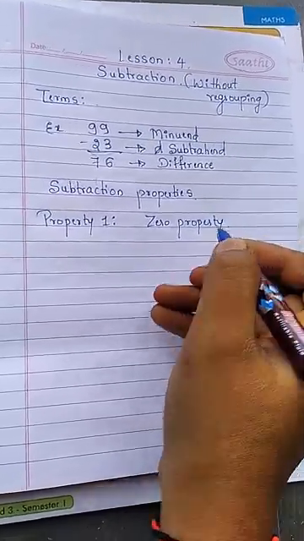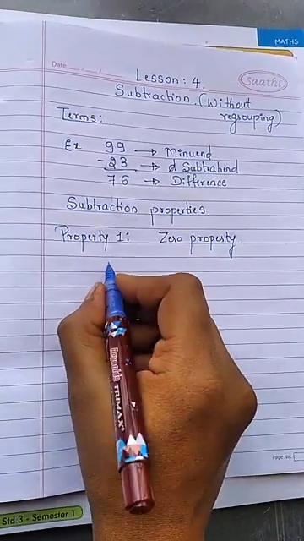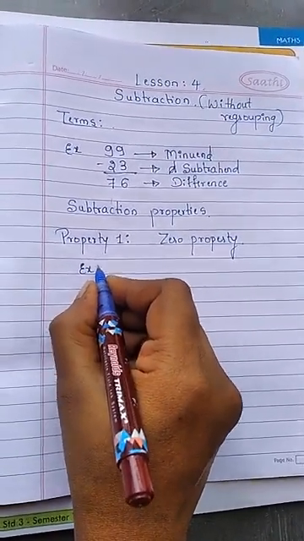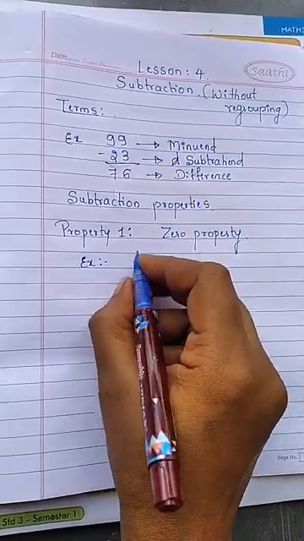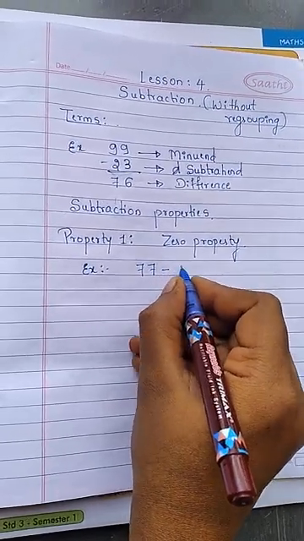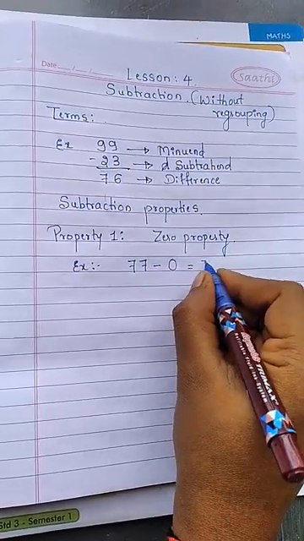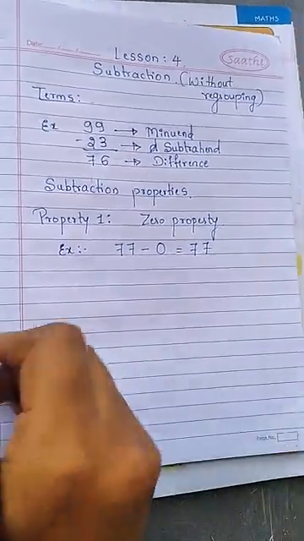What is this zero property telling about? When we subtract 0 from any number, the answer will be the number itself.